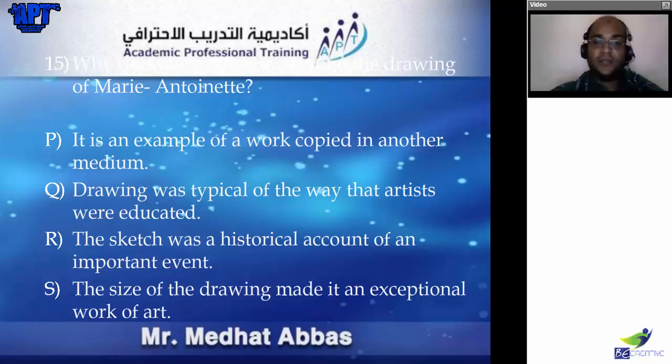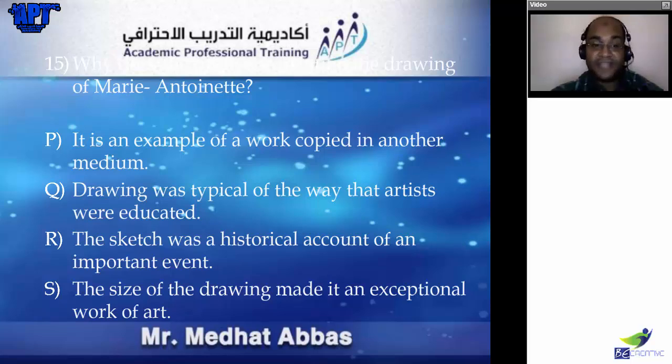What does the professor mean when she mentioned the drawing of Marie Antoinette? It's an example of a work copied in another medium. Drawing was typical of the way that artists were educated. The sketch was a historical account of an important event. The size of the drawing made it an exceptional work of art.